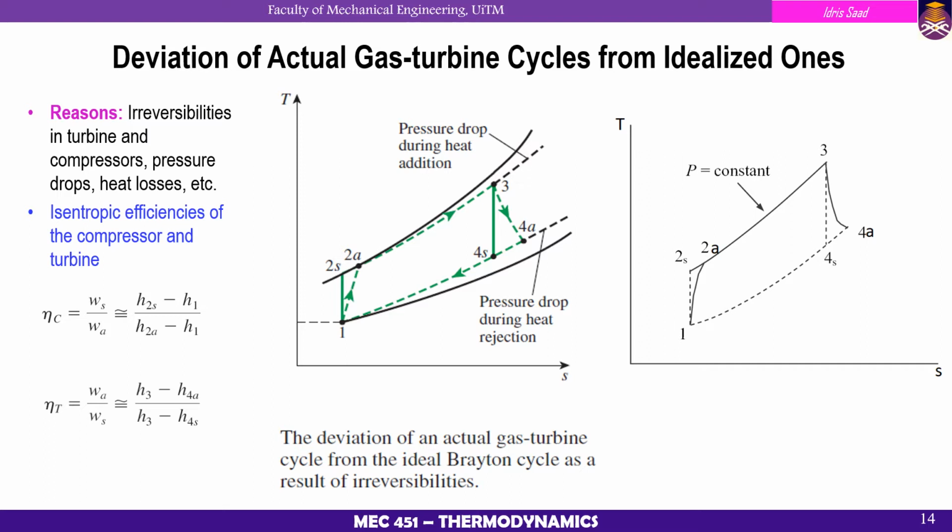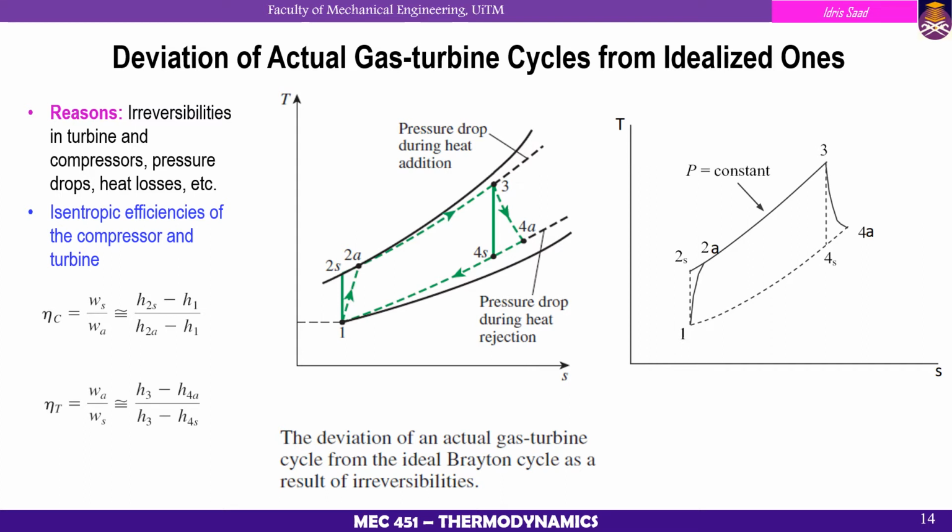Basically, this topic is related to chapter 4, which is the isentropic efficiency of the steady flow devices. In the case of this gas turbine engine, we only cover 2 components for the actual condition, which are the compressor and turbine, as I explained earlier.